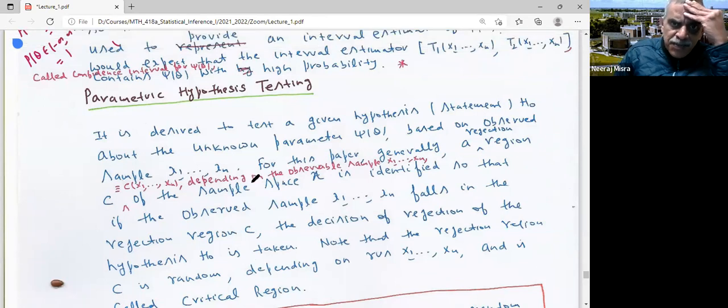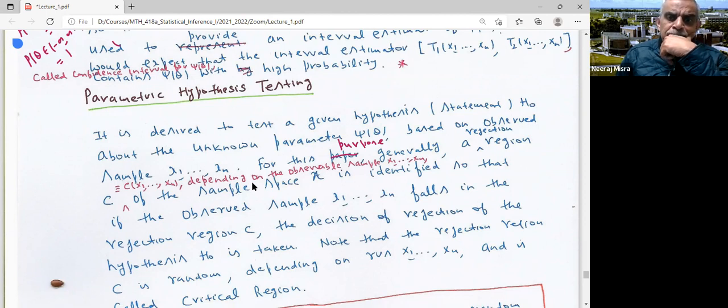For this purpose, generally a rejection region C, which depends on X1, X2, ..., Xn, is identified so that if the observed sample X1, X2, ..., Xn falls in the region C, the decision of rejection of the hypothesis H0 is taken. So basically the problem here is that of finding a critical region, or the region of rejection of H0, which you did in your bachelor's.